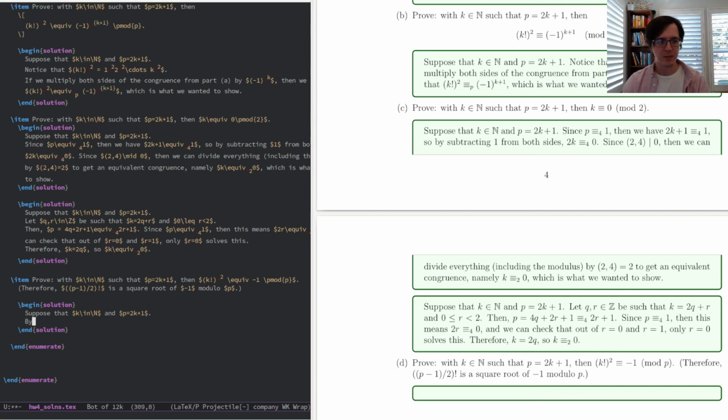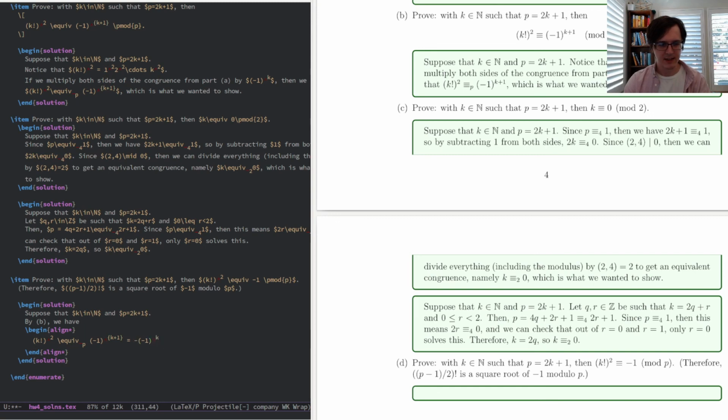By B, we have k factorial squared is equivalent to minus 1 to the k plus 1, which is negative minus 1 to the k.